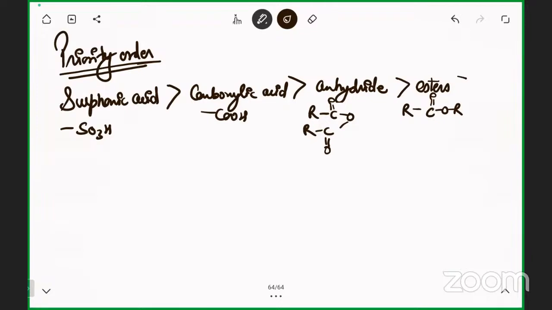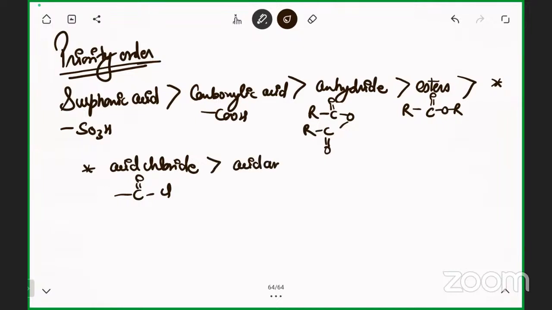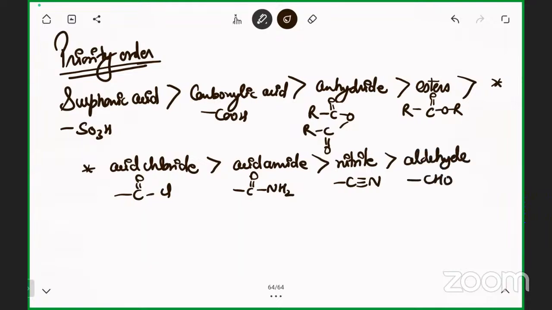Then after ester we have acid chloride, which is COCl. Then we have acid amides, that is C double bond O single bond NH2. Then we have nitrile, that is C triple bond N. Then aldehyde, that is CHO.